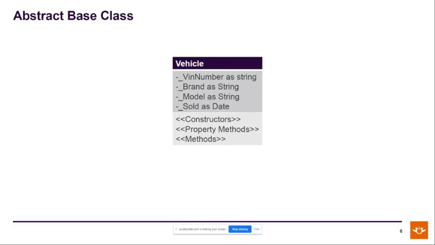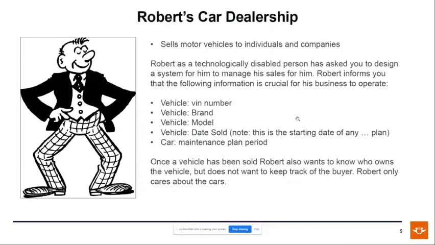You want to establish a template, but there's another reason, and you're all touching on it. If you look at the start, it says Robert informs you that the following information is crucial for his business to operate. And the description of a vehicle is so abstract in nature, in itself, that it tends to be information only, almost.